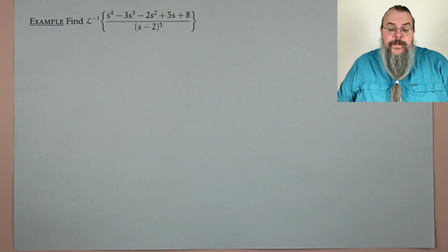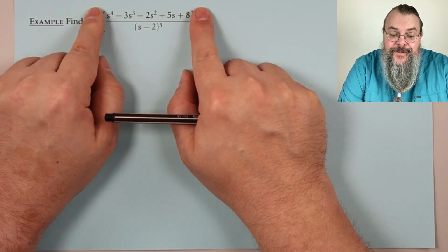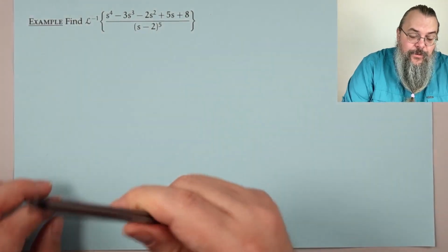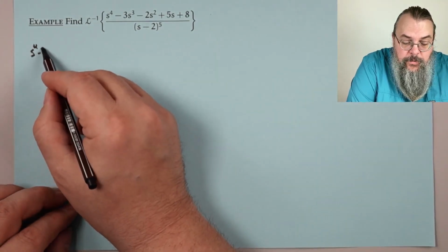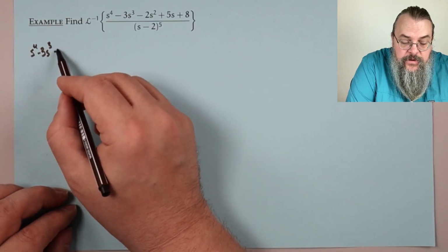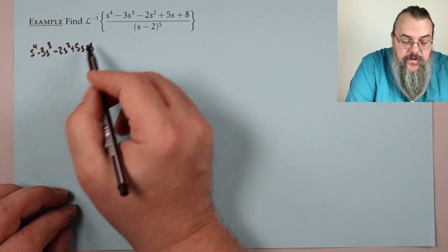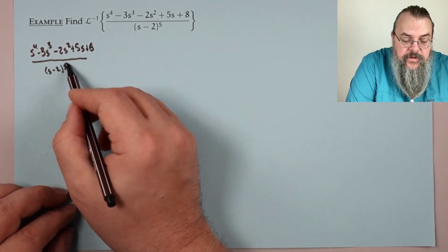Now really the heart of this problem is just, can you do the partial fractions? Because we have s minus 2 to a power, what's going to happen is we're going to march our way along. We have s to the fourth minus 3s cubed minus 2s squared plus 5s plus 8 over s minus 2 to the fifth.